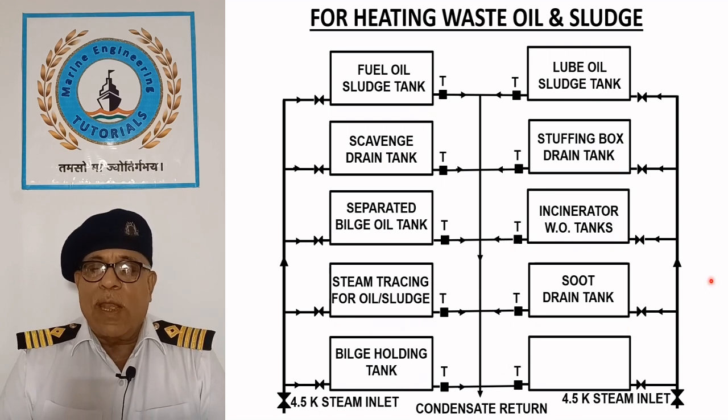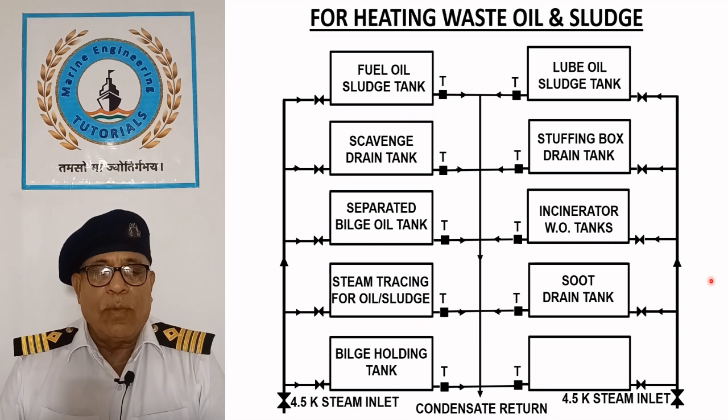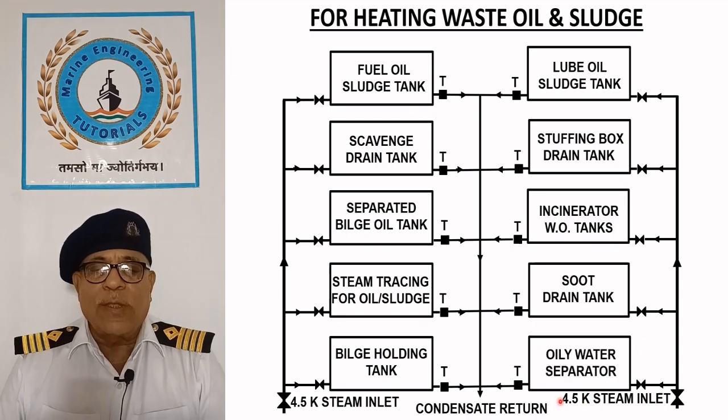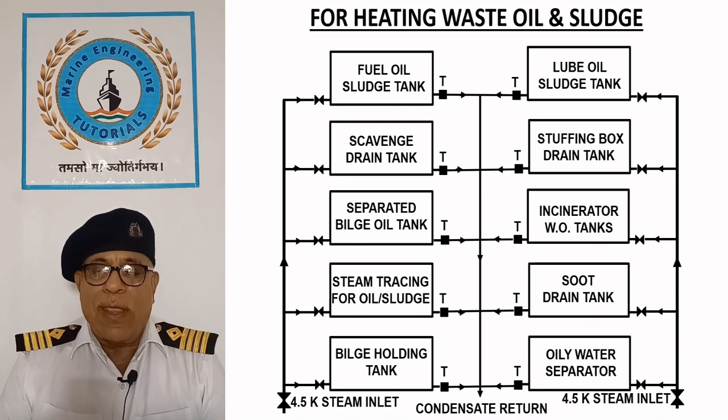Bilge water collected in the holding tank is heated to around 50 degrees Celsius to enhance oil separation in the oily water separator. Oily water separator. The oily water separator itself is fitted with a steam heating coil to maintain a temperature of approximately 50 degrees Celsius, which improves the efficiency of oil separation.